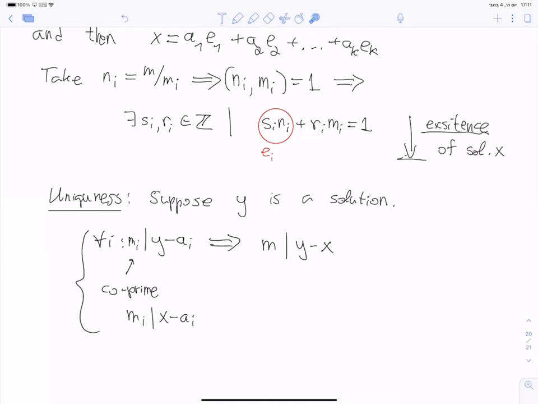And this means that they are equivalent modulo M. So modulo M you have only one solution. Of course, you have infinitely many solutions: if you find one solution, you add M and you have another. But in the range of 0 to M minus 1, you have only one.